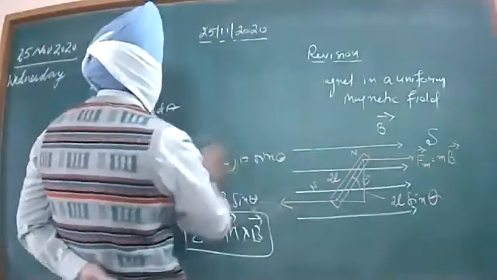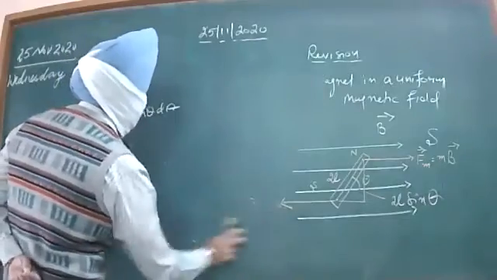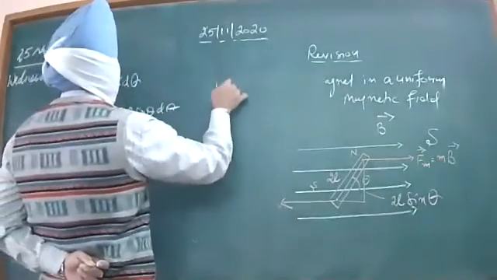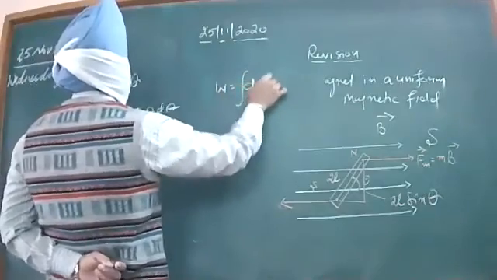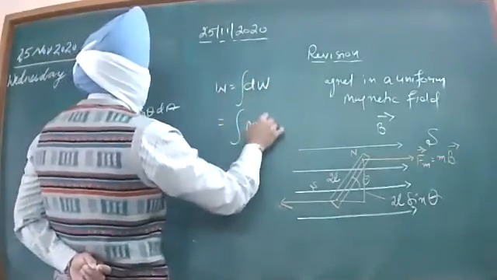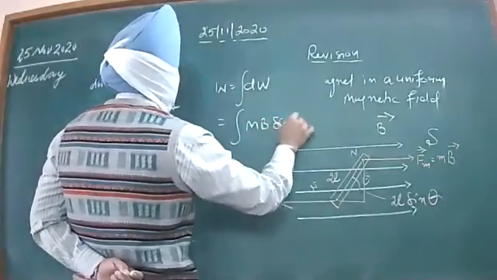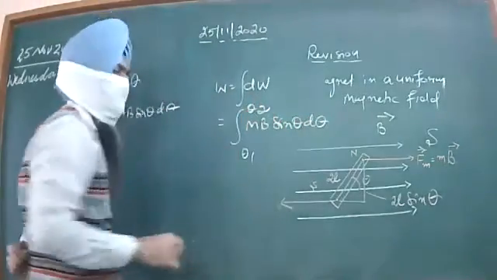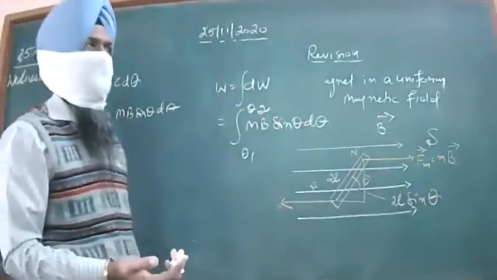And when it is so, we can calculate the total work done also. Total work done will be equal to the integral of this small work done, and it will be integral mB sine theta d theta, from theta 1 to theta 2. These may be substituted as the limits.